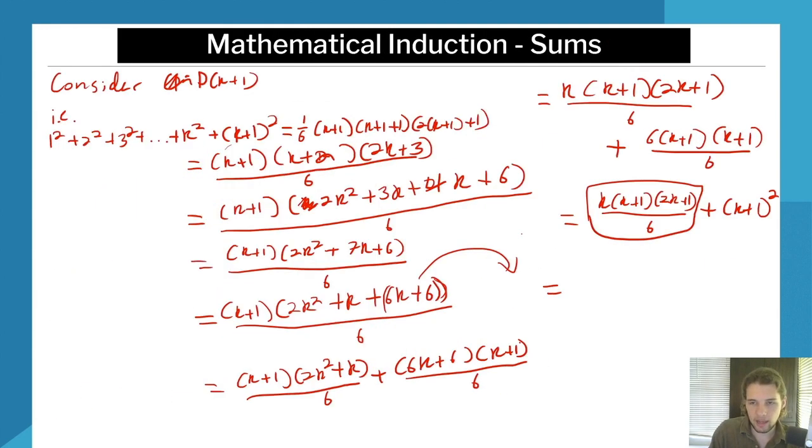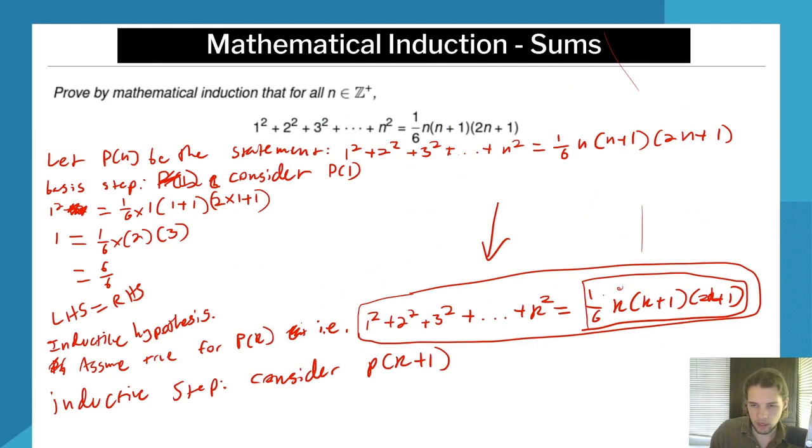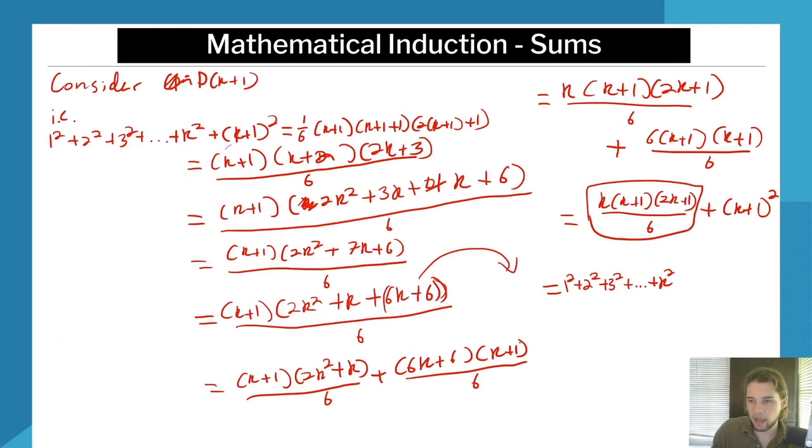So then I can say equals 1 squared plus 2 squared plus 3 squared plus dot dot dot plus K squared, because this side is equal to that side, and then we have this extra plus K plus 1 squared. And now our equation actually looks exactly like this over here. So our proof is done. We have left-hand side equals right-hand side.